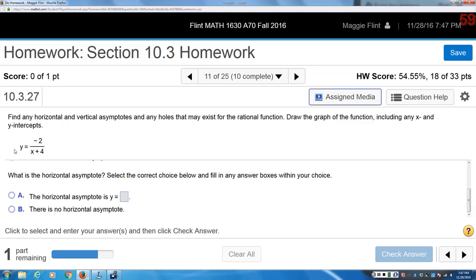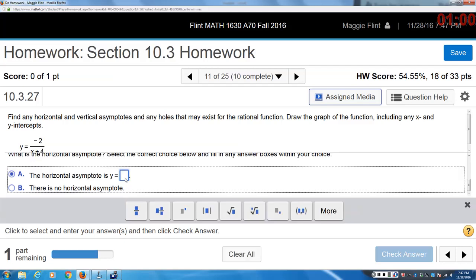For the horizontal asymptote, it doesn't matter about the positive 4. If x gets really, really large, negative 2 gets divided by a really large number and shrinks down to nothing, but can never become nothing. So it approaches y equals 0.